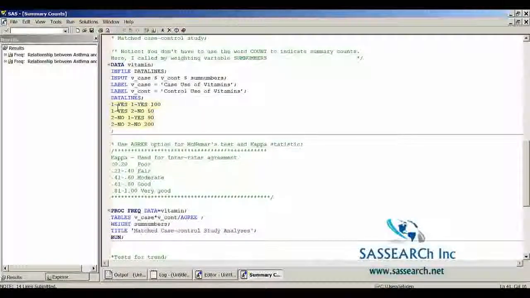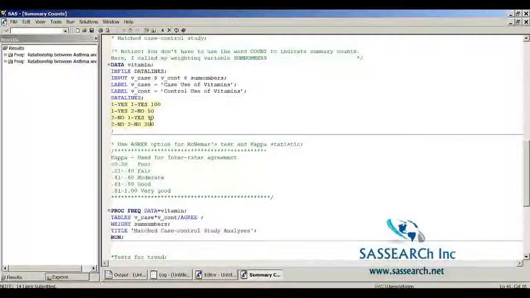So for this first observation, we have 100 pairs of subjects where the case used vitamins and the control used vitamins. We have 50 pairs of subjects where the case used vitamins but the control did not use vitamins.